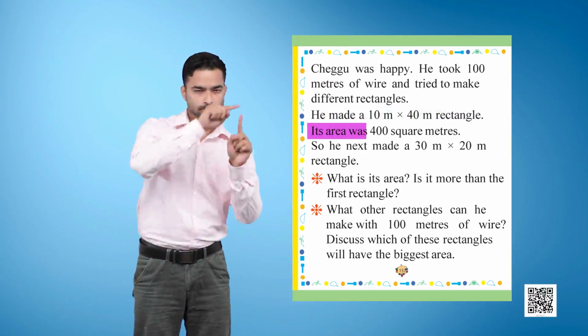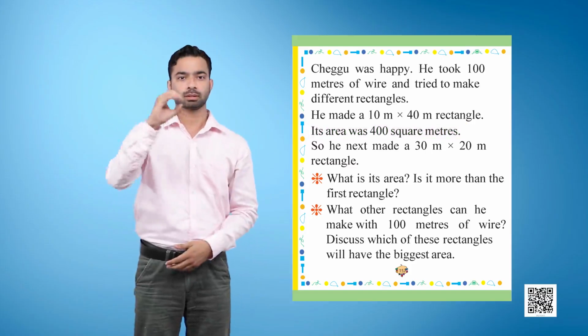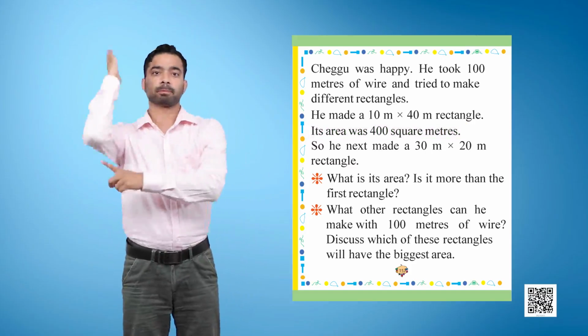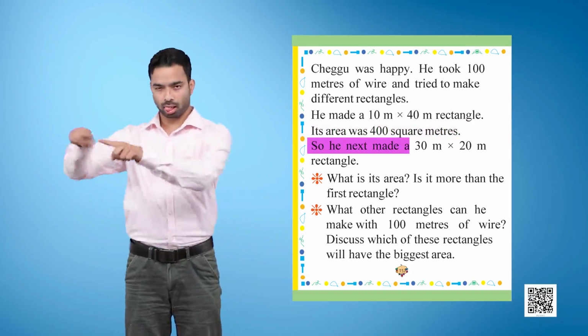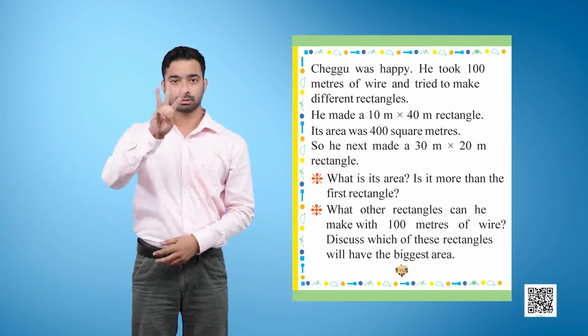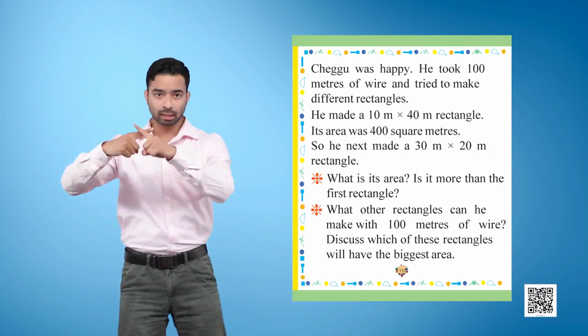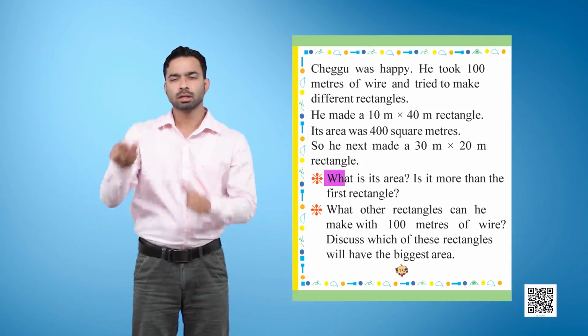Its area was 400 square meters. So he next made a 30-meter by 20-meter rectangle. What is its area?